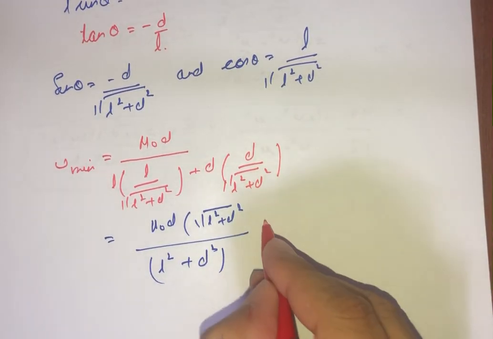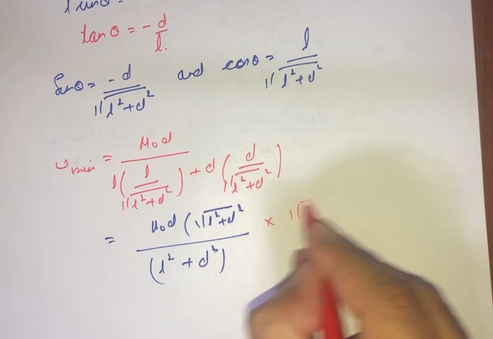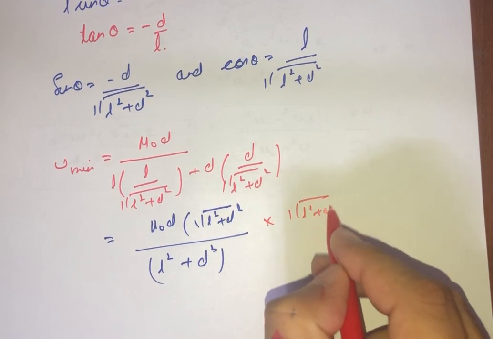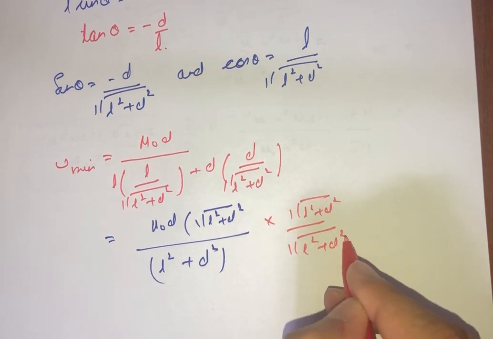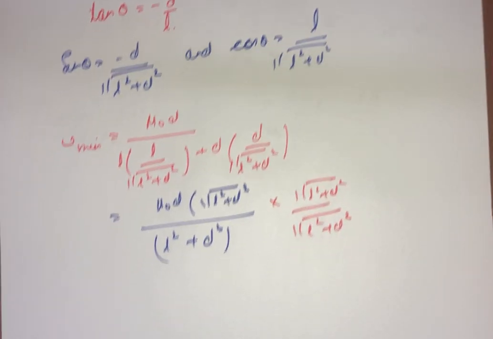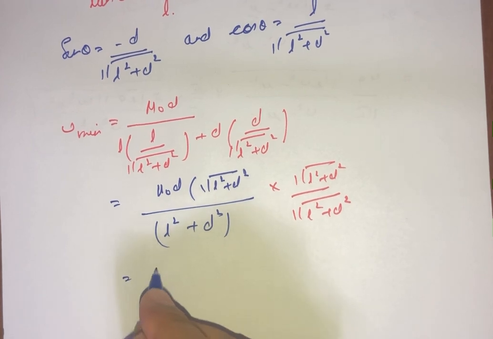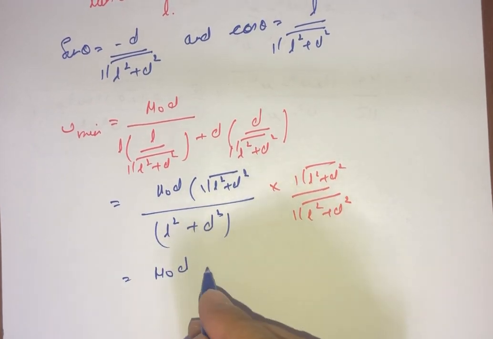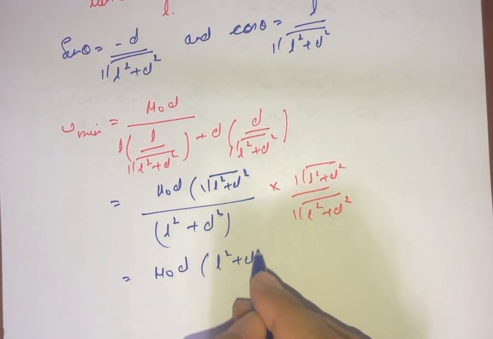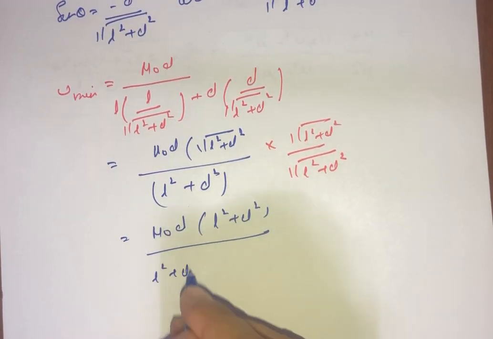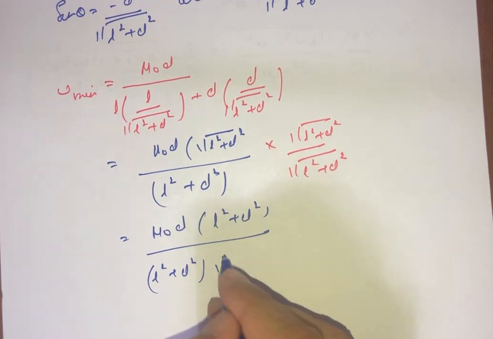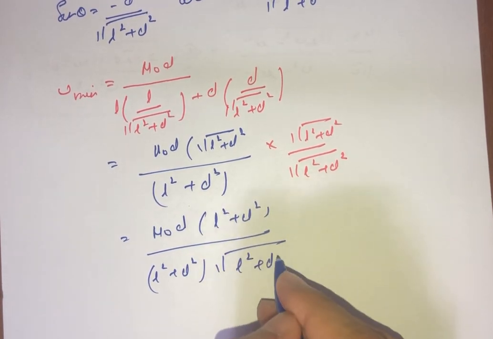Now we rationalize it, dividing and multiplying by the square root of L square plus d square.